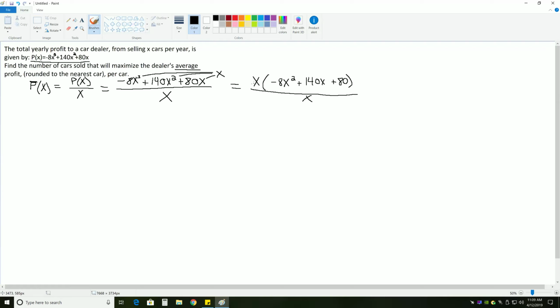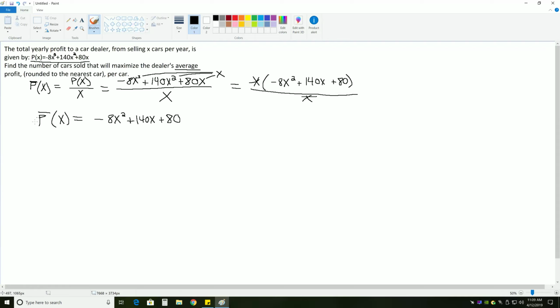And now we have a common x in the numerator and denominator that we can cancel out, leaving us with P bar of x is equal to negative 8x squared plus 140x plus 80.